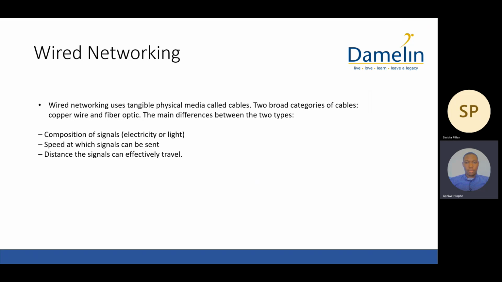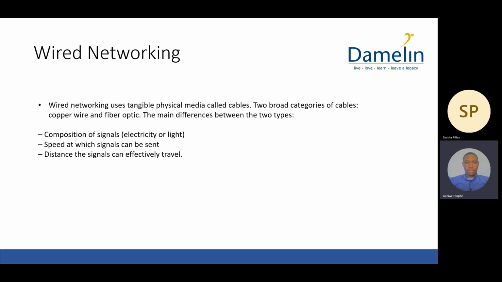Wired networking uses tangible physical media called cables, in two broad categories: copper wire and fiber optic. The main difference between these two is that fiber transmits signal using light.